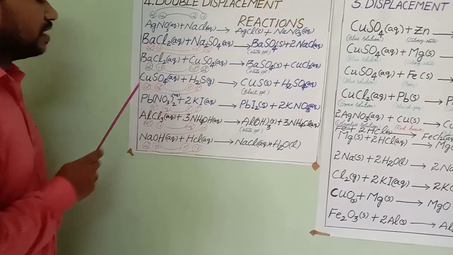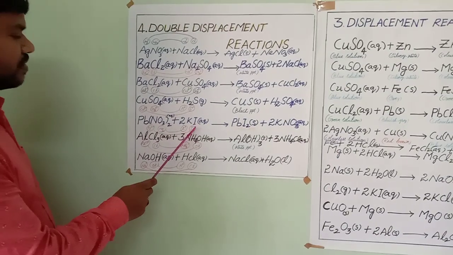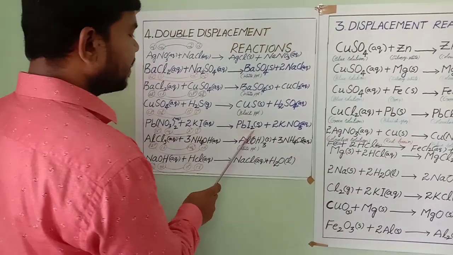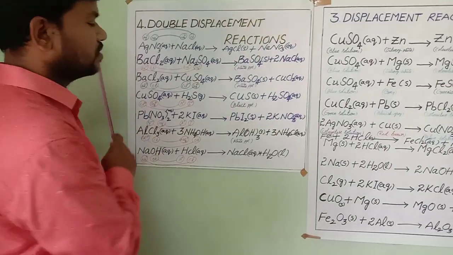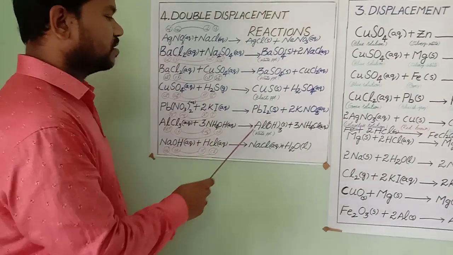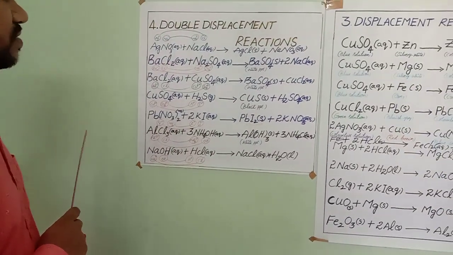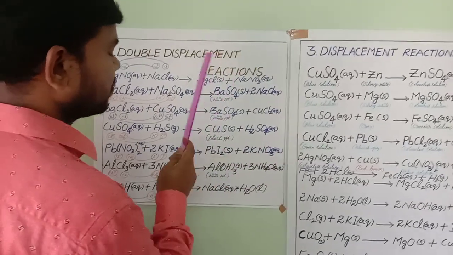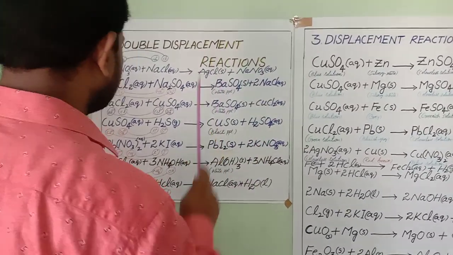So these mutually exchange. Lead reacts with iodine and potassium reacts with nitrate to form lead iodide. Immediately a yellow colored precipitate of lead iodide is formed, and along with it potassium nitrate is also formed in the solution.